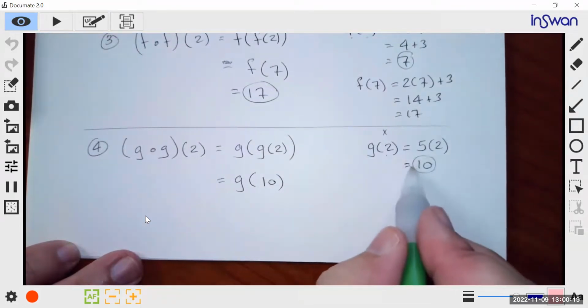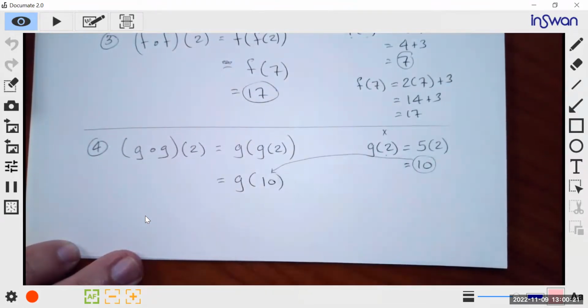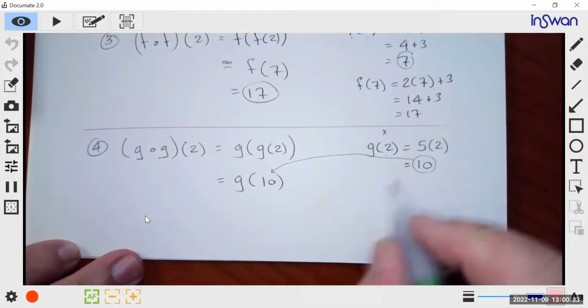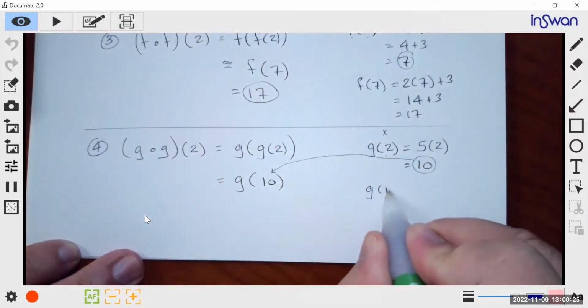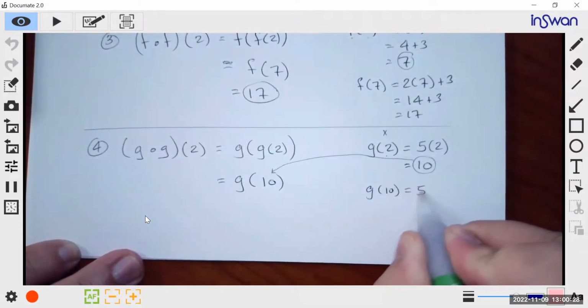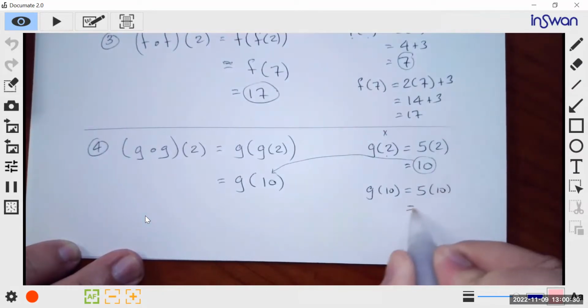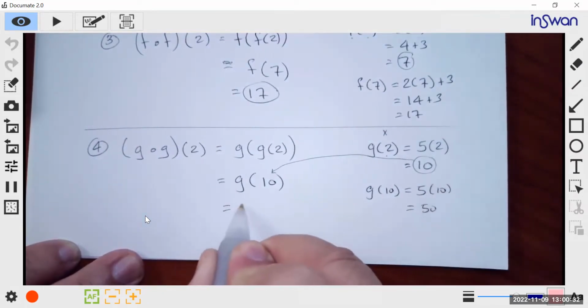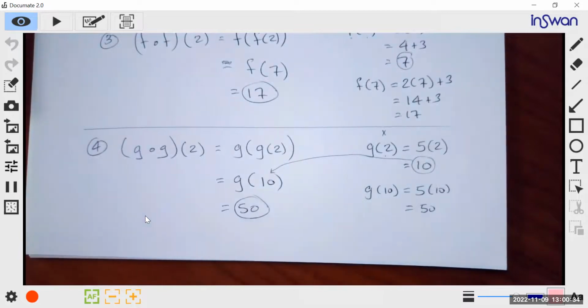So g of 2 is 10. So g of 10 is 5 times 10, which is 50. Does it make sense? It's just plugging one function inside another, or a value inside another.